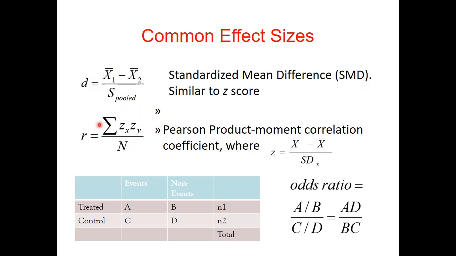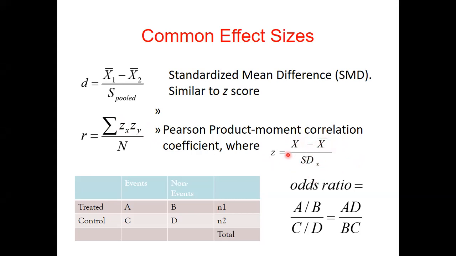You can also use the correlation as an effect size. The Z of X and Z of Y are found by taking the individual item minus their mean, divided by the standard deviation.